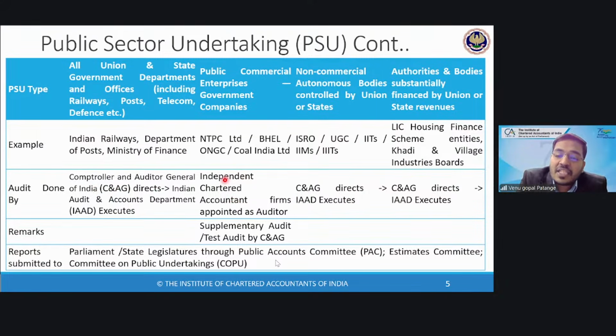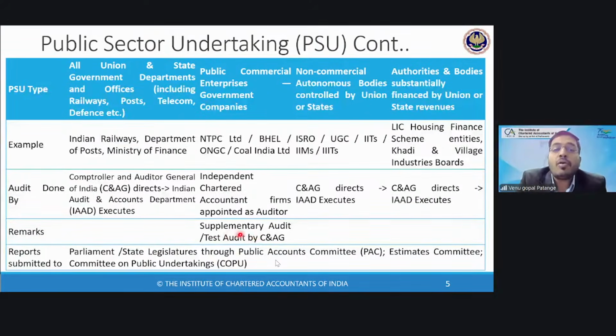And even in this case, although independent chartered accountant firms are appointed as auditor, the appointment is done by C&AG. So even here, C&AG is the authority to appoint CA firms as auditor of public sector enterprises or public sector corporates. After audit by independent CA firms, if required, C&AG may perform supplementary audit or test audit if they feel it is necessary.